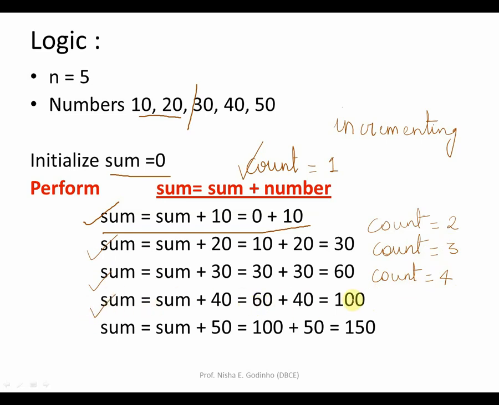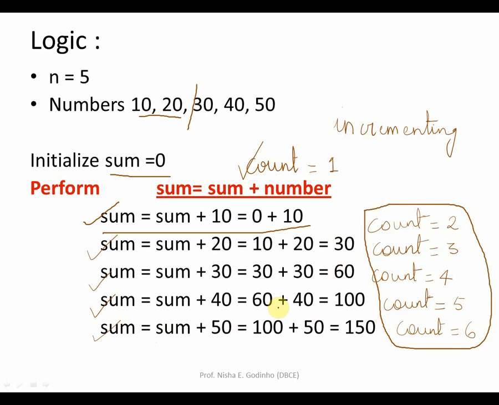When this step is executed, the count will be incremented 1 step further, which is 5. And after this step is executed, the count is incremented to 6. Now you will see what is the purpose of using this count variable at every step, and what it actually does in the algorithm.